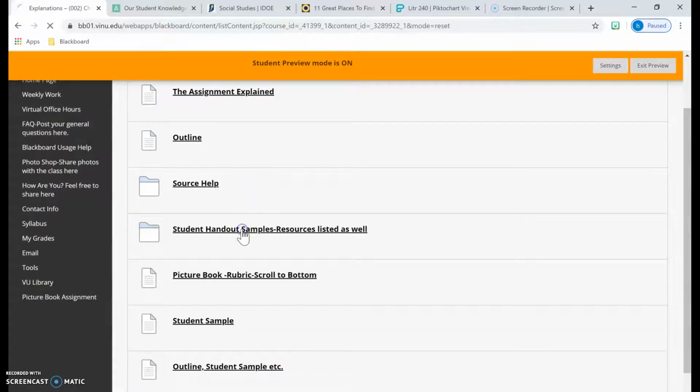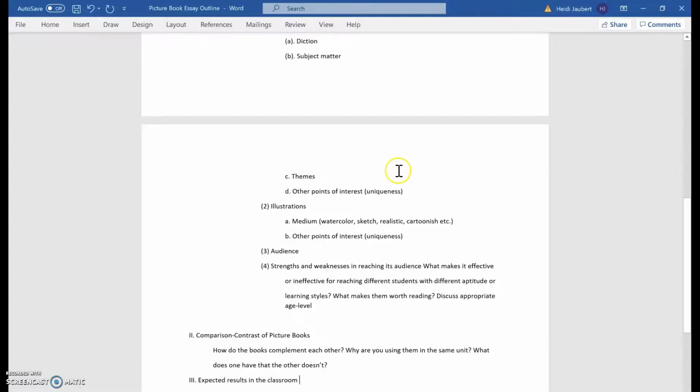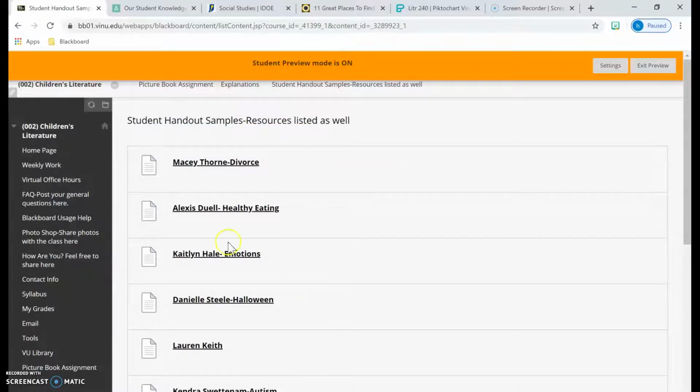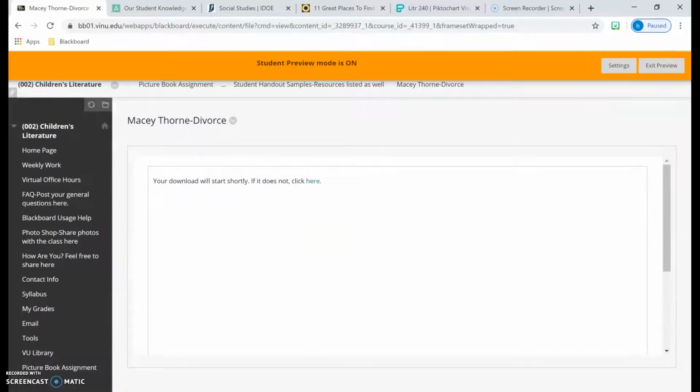I give you an example of how students completed outlines. Sorry that this is taking a bit. It will eventually come. My apologies.